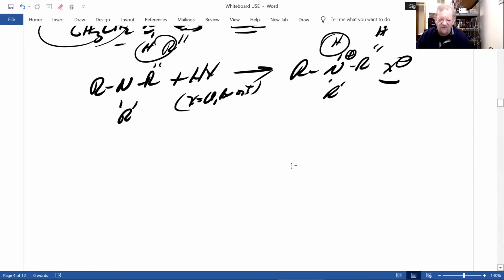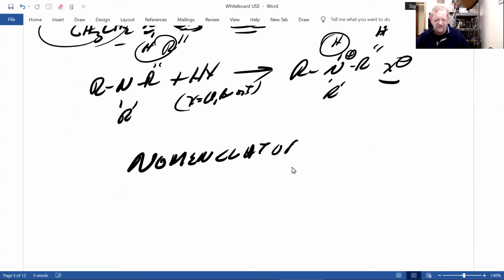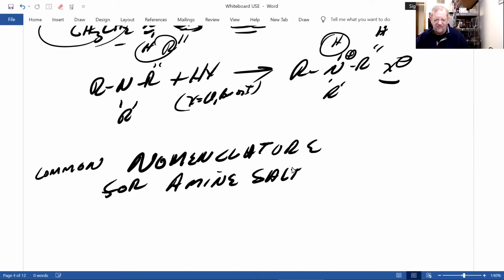Now, one of the things I had wanted to wait until now is you should know nomenclature, common nomenclature. IUPAC has it, but nobody uses it unless you have to in a legal document.